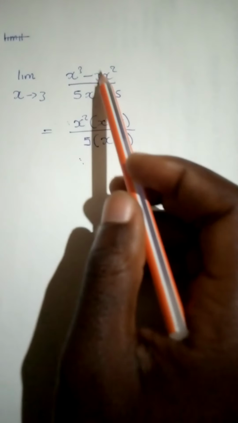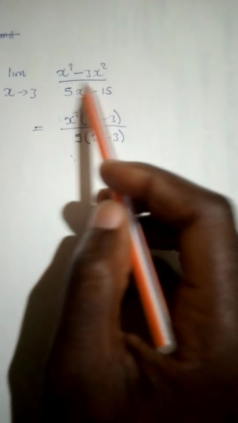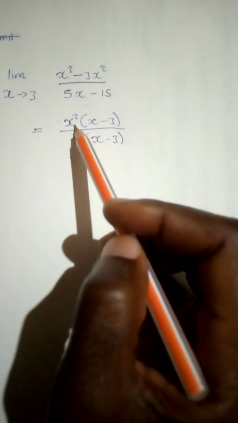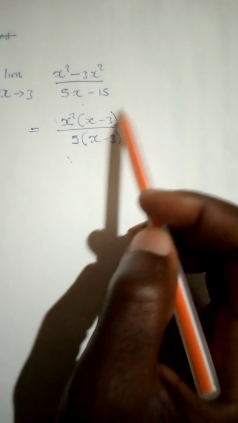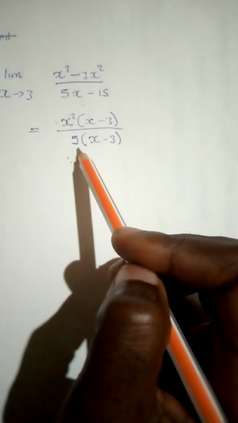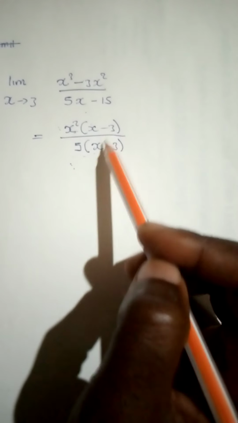Well, we just have to factorize. In the numerator, x to the power 3 minus 3x squared, we see that x squared is common. We factor out x squared and remain with x minus 3. In the denominator, 5 is common. 5 is factored out. And look at this. Well, this is nice. That's what we're looking for.